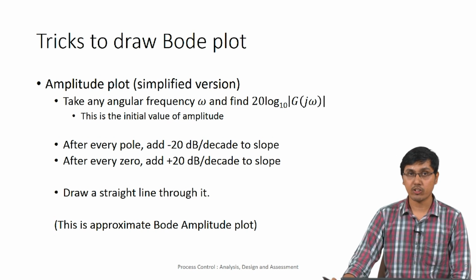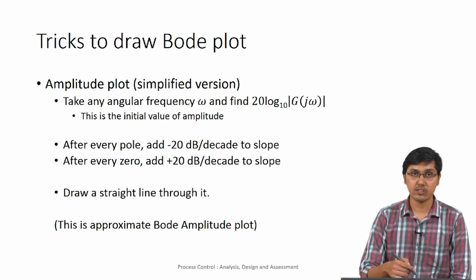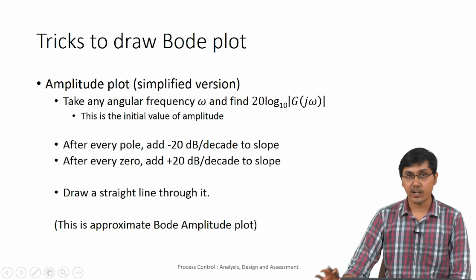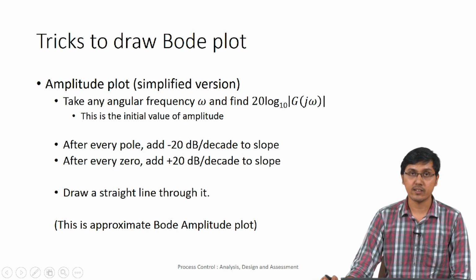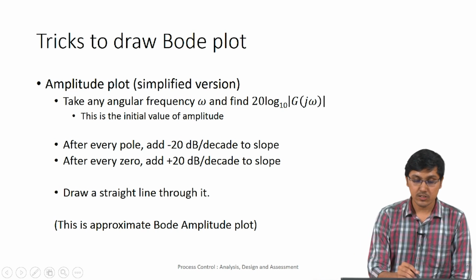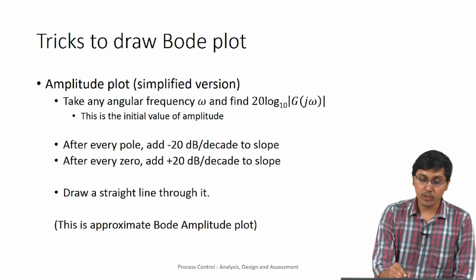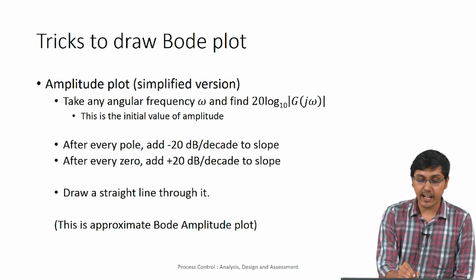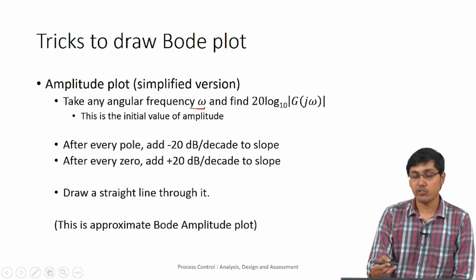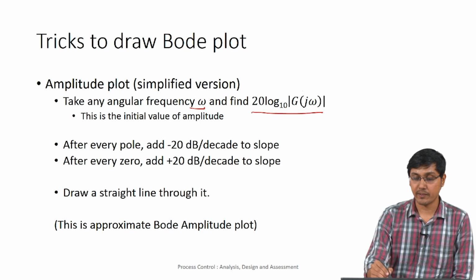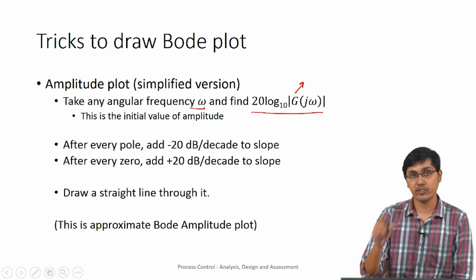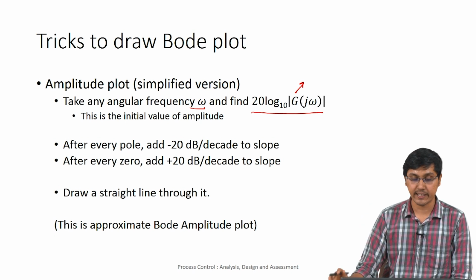That is something you have to keep in mind, since for this lecture we are sticking to only that use case. To start with, you can take any angular frequency omega and find the value of 20 log base 10 of the magnitude of G of j omega. Just substitute the value of omega in this complex number and find its magnitude using the formula we showed in the first slide.